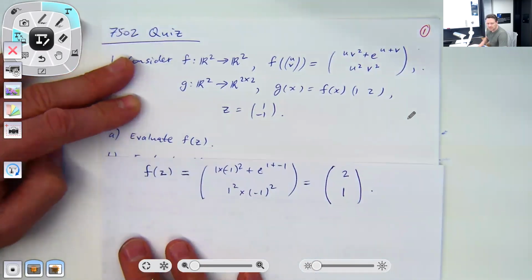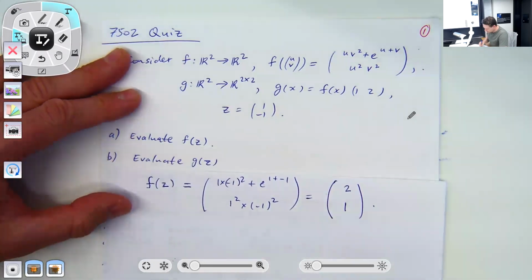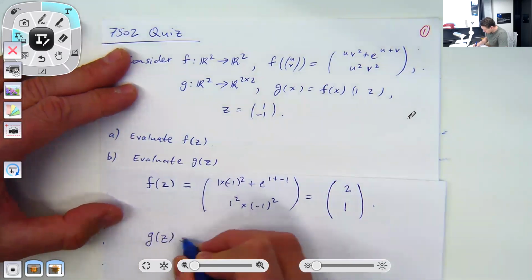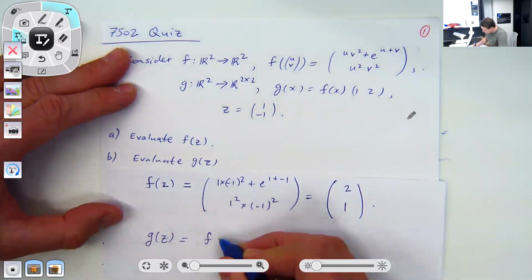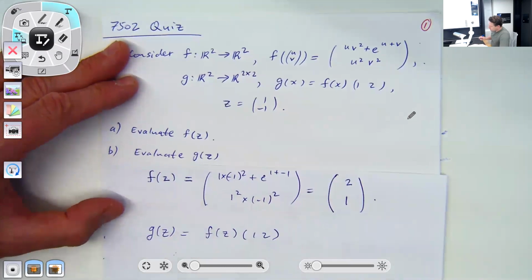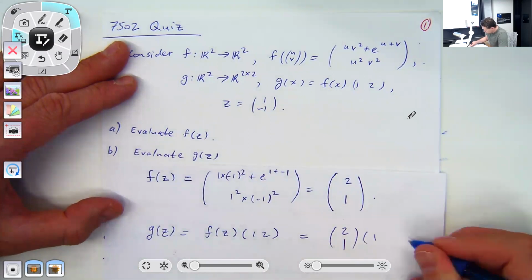Okay, next question. Evaluate g of z. All right, so g of z is equal to f of z times 1, 2. We have f of z, fortunately, so we'll just copy that down. 2, 1, times 1, 2.